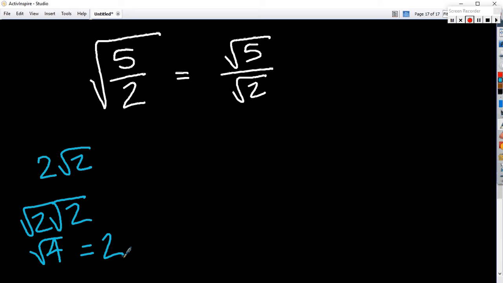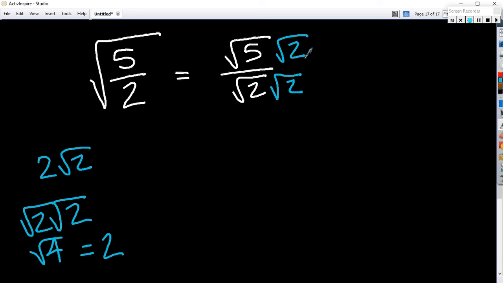Well, what you've got to do is multiply by the square root of 2, right? But I can't do it to the bottom only, because then my fraction's not the same anymore. So what I do is I do it to the top and the bottom. Yes, you could just write 2 on the bottom, but you've got to remember to do it to the top too.